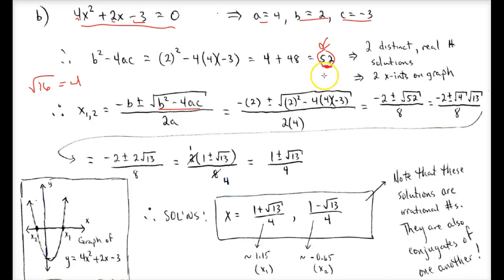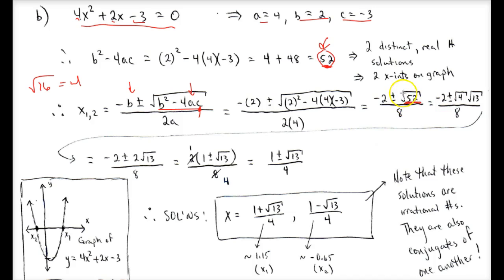All right, so anyway, we get this. We know that we're going to have two real distinct solutions. We plug in the values for A, B, and C, plug in everything, and of course, we know that we're going to get 52 under here. And then from here, we take the square root of 52 and we break it down. We know that 52 is 4 times 13.